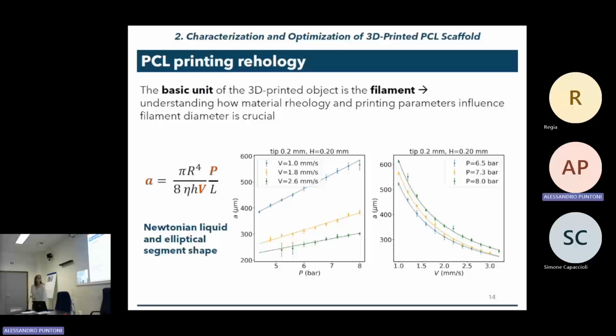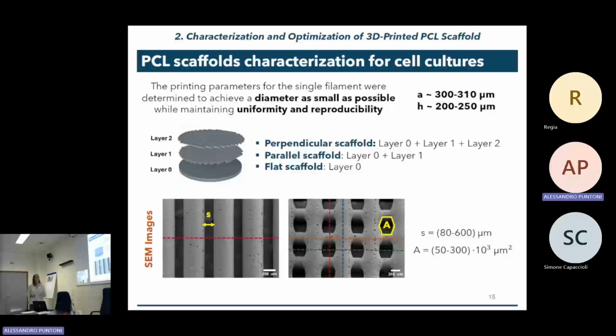So we modeled and demonstrated our model for the diameter of the filament as a function of the pressure and the speed. Then we fabricated 3 different types of scaffold: flat scaffold, parallel scaffold, and perpendicular scaffold. And then we characterized them using SEM and profilometry measurements.